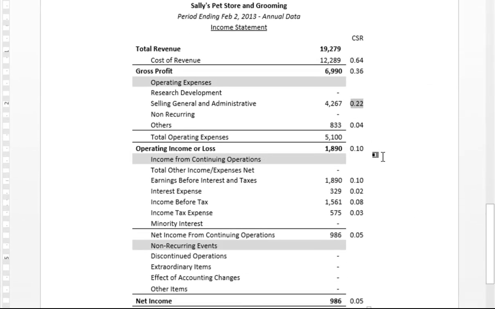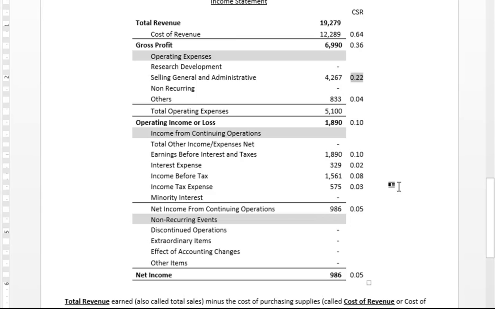Earnings before interest and taxes is 10%. So the final net income number is 5%. And you do the CSRs for each of the numbers for each of the years that you are examining.